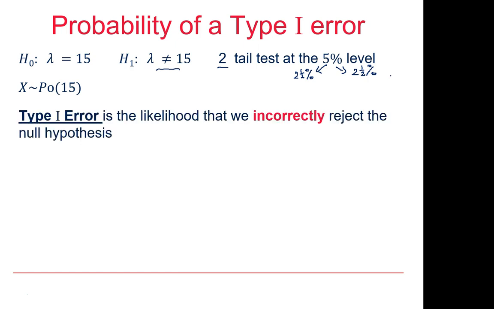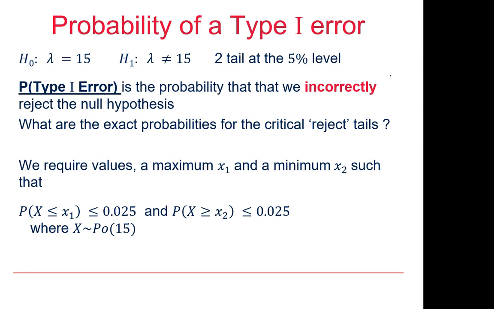Again, with a type 1 error we need to work out the reject H0 regions. To find the probability of a type 1 error, we have to identify our 2.5% extreme critical tails that will lead us to reject the null hypothesis.